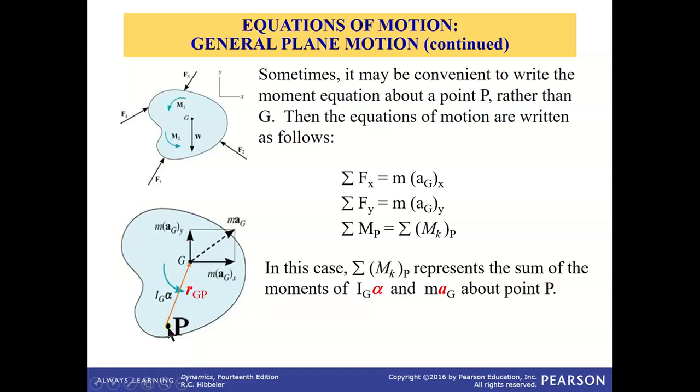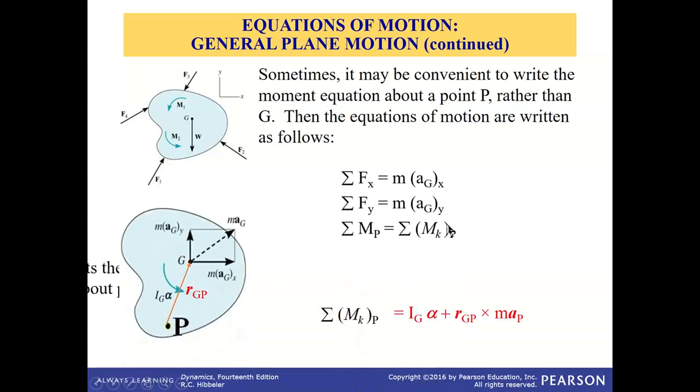We have studied this in statics as well, and previously in dynamics as well, to calculate the moment of a force about a point with vector notation, and this can be obtained using the cross product. So the cross product of this position vector r GP cross m ag gives us the moment of this force about point P. So this moment plus Ig alpha is the resultant kinetic moment, and that is the right hand side of the equation, and that's here.